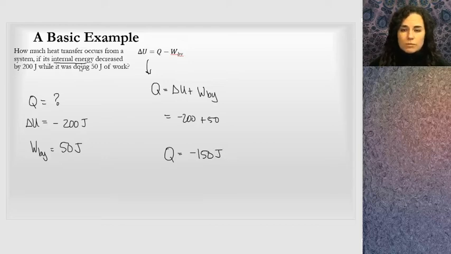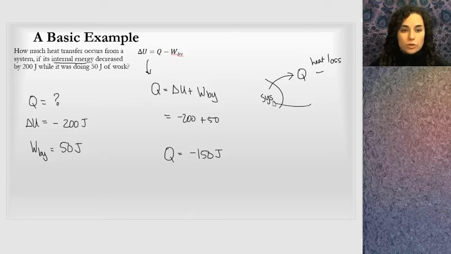I think this problem is a little sneaky. It says what heat transfer occurs from a system if Q is positive. All right, if this is my system, Q going out of it will be a negative value, right? It's losing heat. This is a heat loss when it's going out of the system. This is a heat loss, okay?